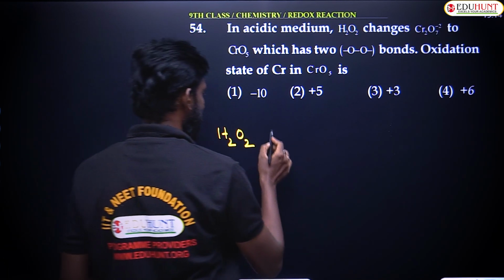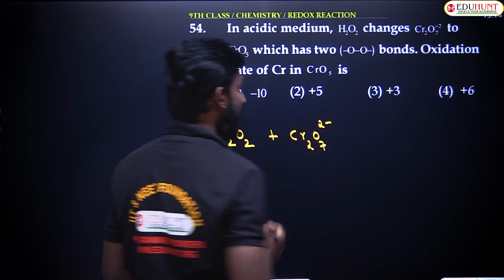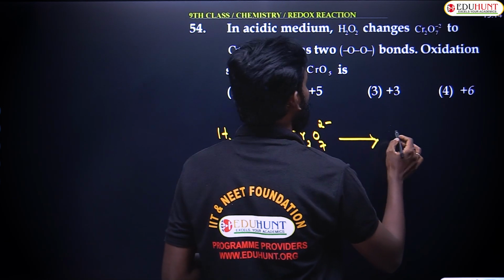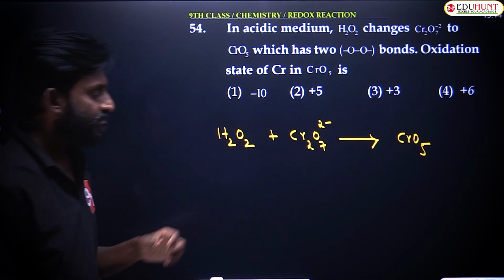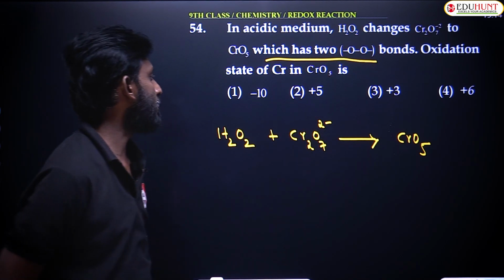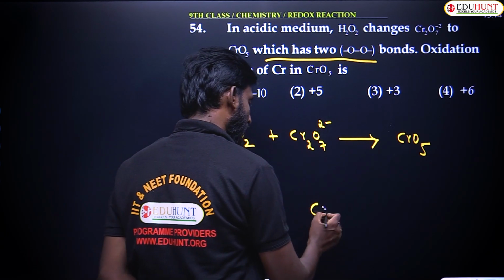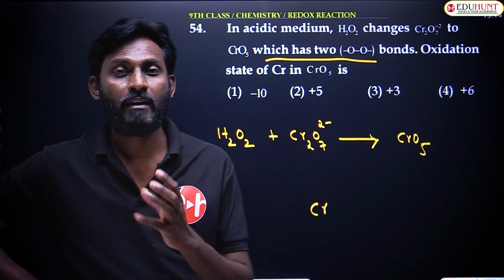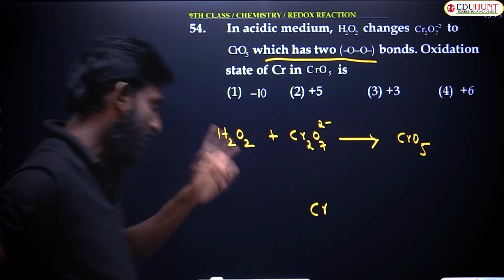H2O2 changes Cr2O7 2-, dichromate anion, to CrO5, which has 2 O-O bonds. Then what is the oxidation state of chromium in CrO5? I have discussed this compound in a separate video where I explained the special oxidation numbers of special compounds.